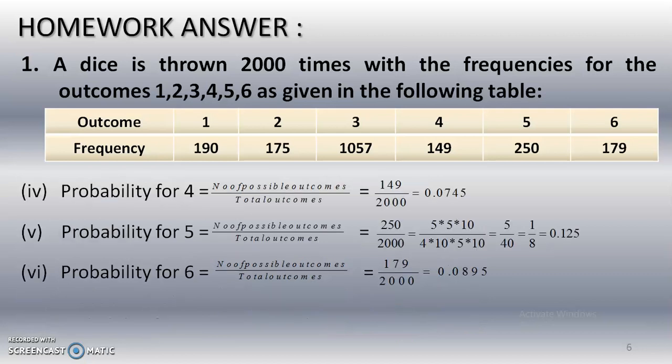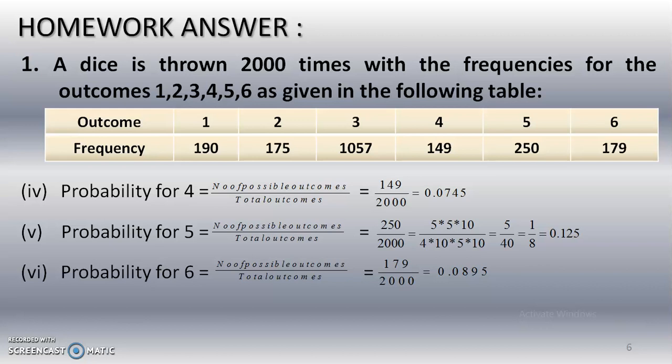Next, fourth, probability for 4 equals 149 divided by 2000, equals 0.0745. Fifth, probability for 5 equals 250 divided by 2000, equals 5 into 5 into 10, meaning 5 5s are 25, divided by 4 into 10, meaning 40, and 5 into 10, meaning 50.